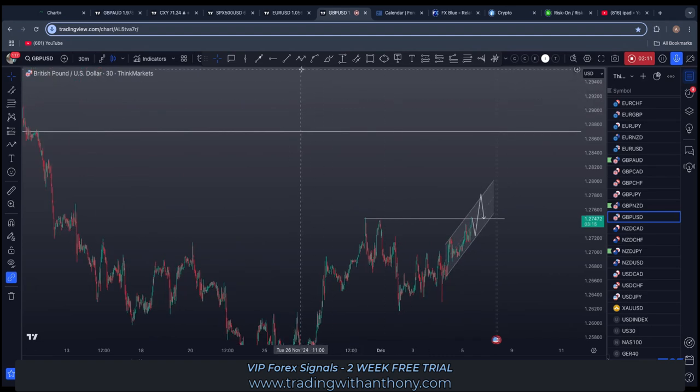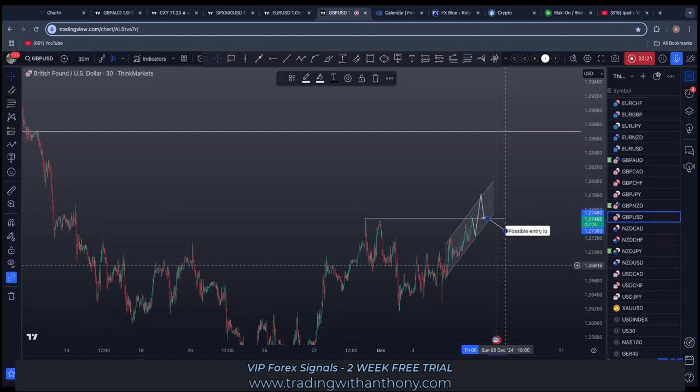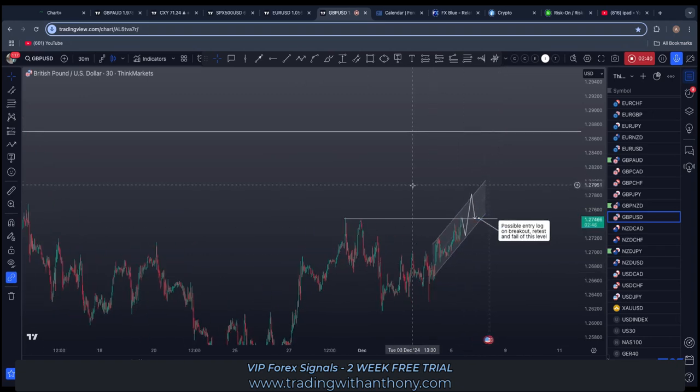Yeah, let's just mark that up. Possible entry long on breakout and retest. It's retest and fail on breakout. All right, possible entry long.